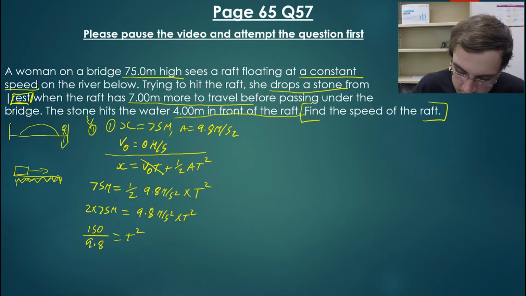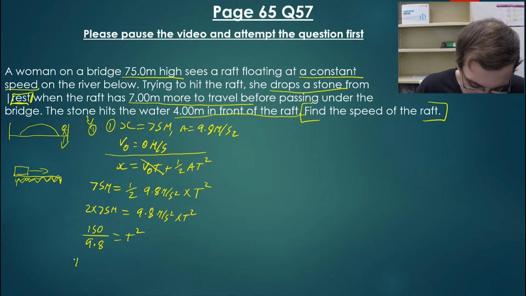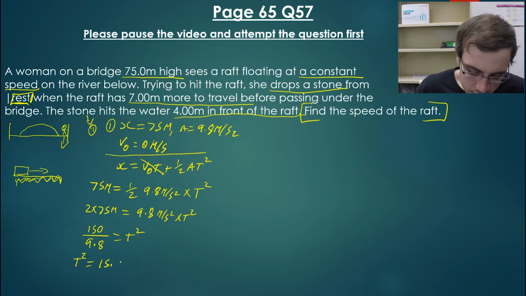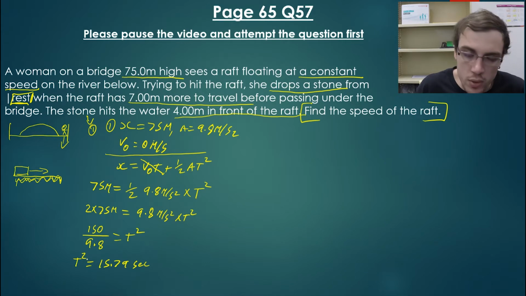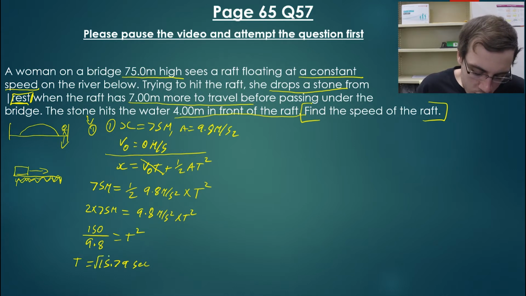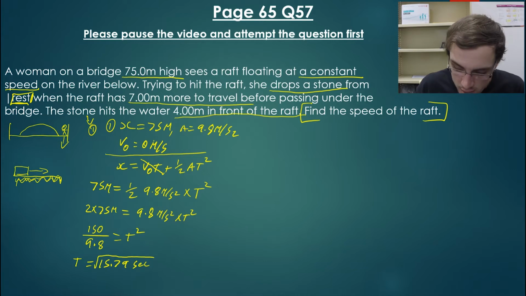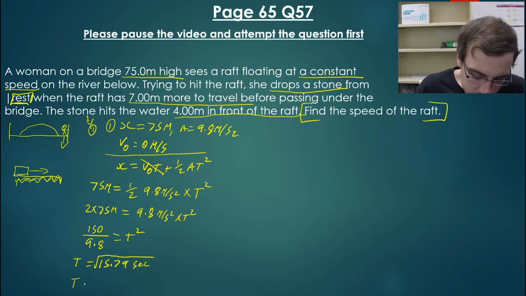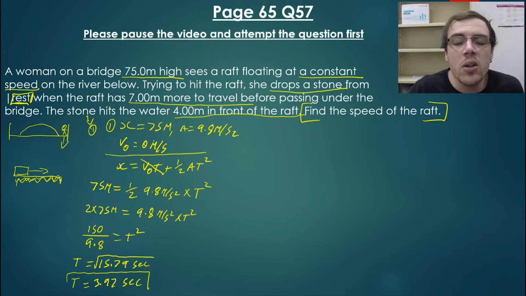That means that t squared is going to equal 15.79. To solve this, remembering the opposite of the exponent squared is the square root, t will equal the square root of 15.79, which is going to give us 3.97 seconds. And that is how long it took for the stone to hit the ground.